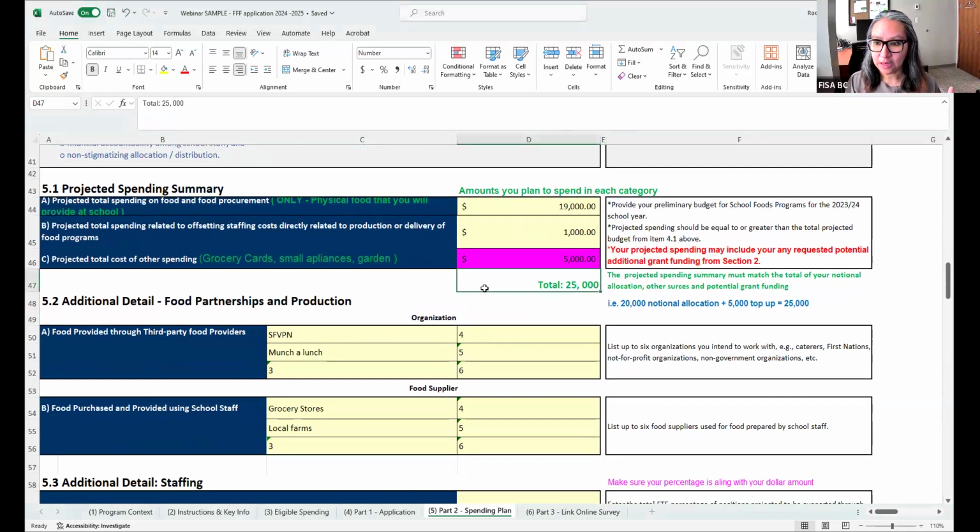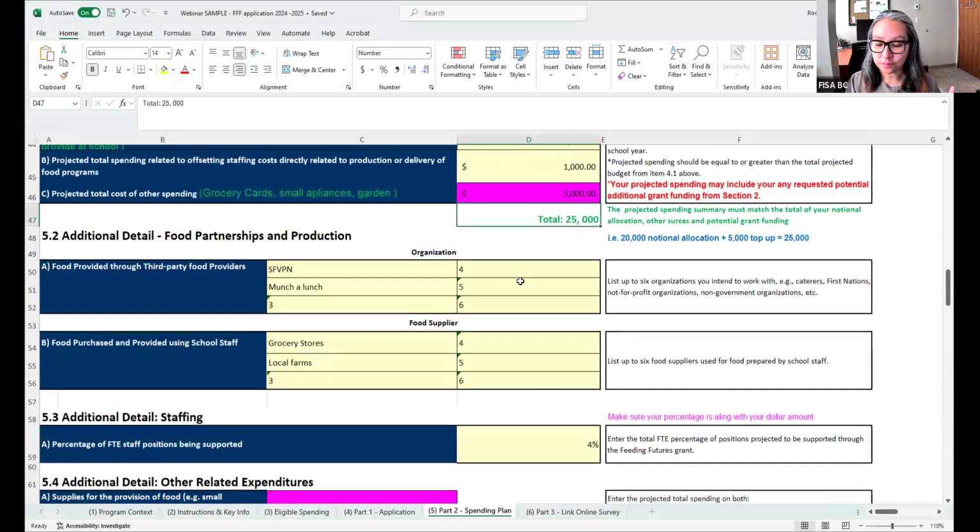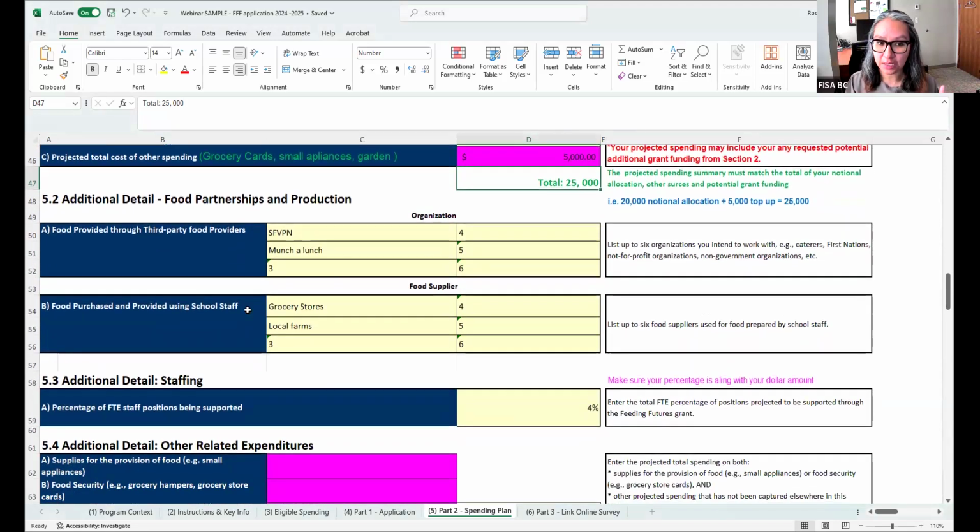Okay. Now we're going to move into the second part, 5.2, the additional detail or partnerships. This is a very easy one. Most of you already know how to reply. Line 50 is about third-party providers.